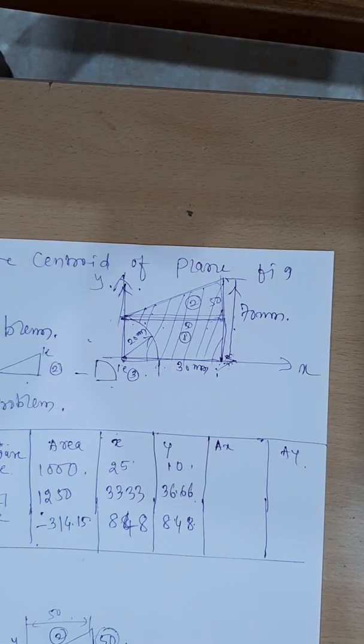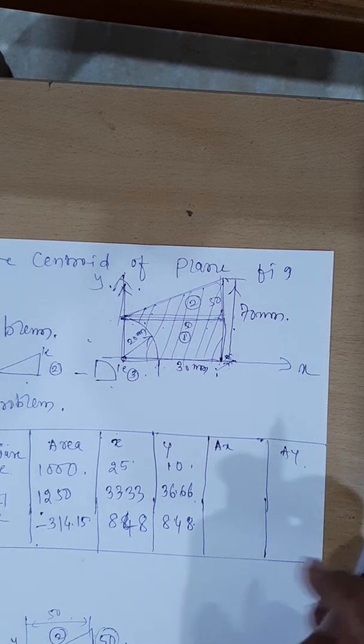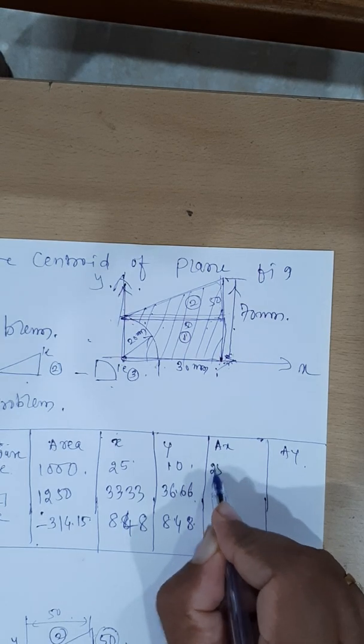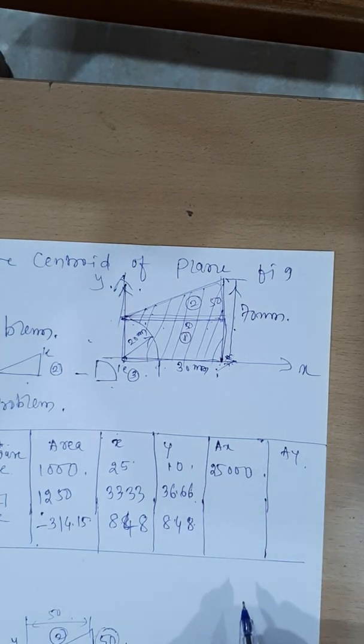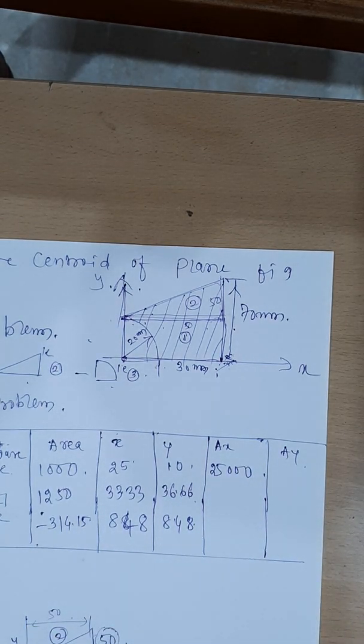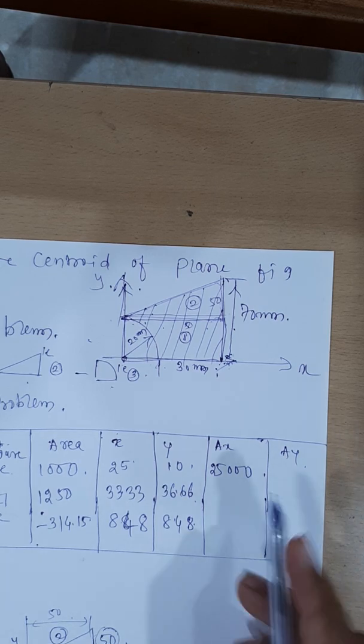Yes, A1x1 is 1000 into 25, equal to 25000. Yes, A2x2 is 1250 into 33.33, equal to 41662.